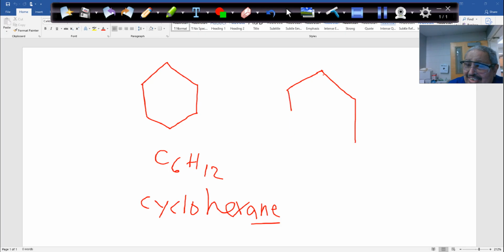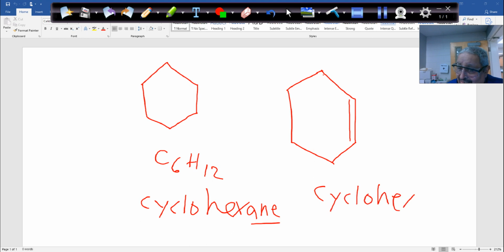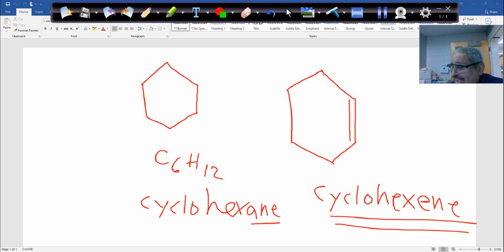The second one is alkenes, cycloalkenes. It has 1 double bond. So this is cyclo because it's a ring, but this time not hexane, ENE. Cyclohexene. That's alkene, cyclic alkenes. The third one here is aromatic.